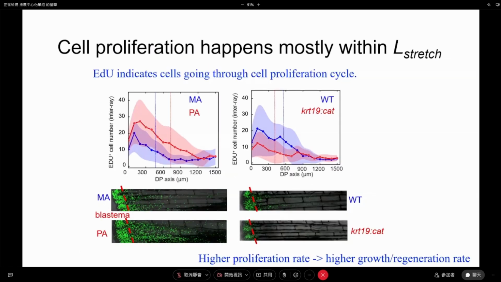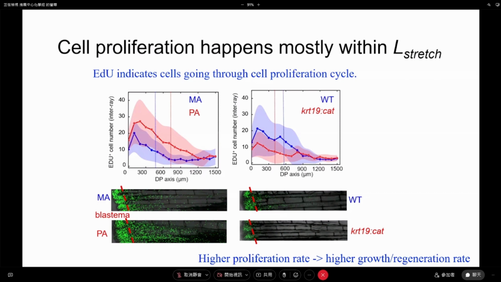And at the end, we show that the longer the wave travels, most of the cell proliferation happens where the wave travels, because in that part the tail fin is stretched and there is more proliferation. Yeah. So this can explain why, if we remove more tail fin, it will regrow faster.